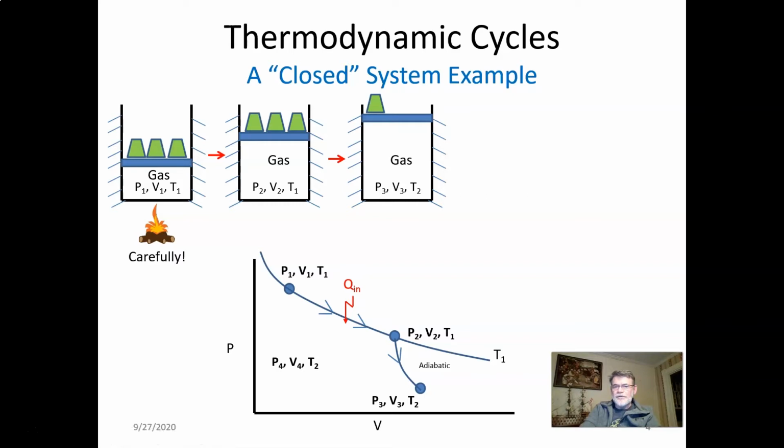The second process performed on the gas is an adiabatic expansion. It goes from here to here. During this process, no heat is transferred to the gas. That's the definition of adiabatic.